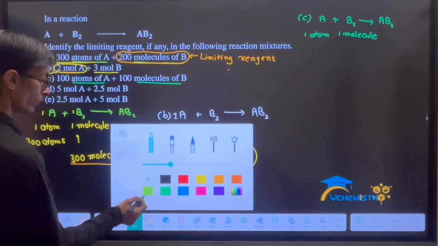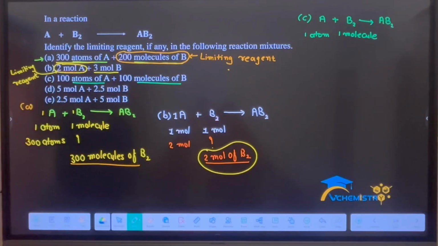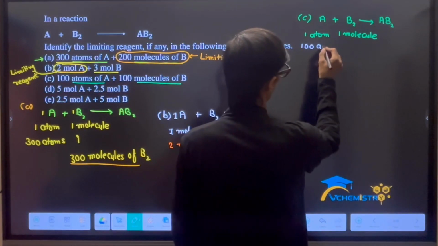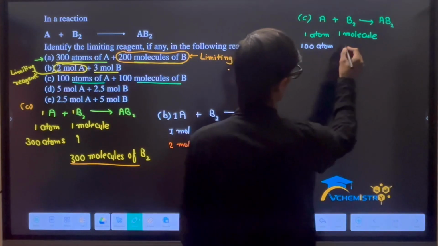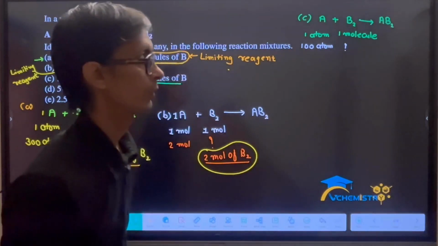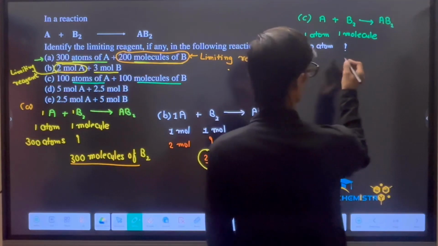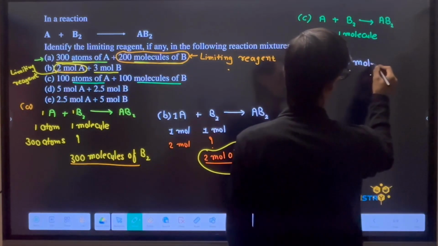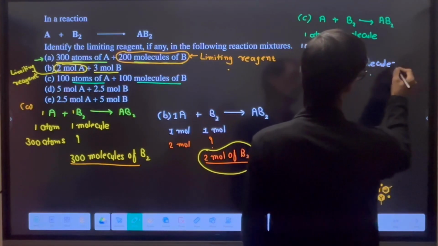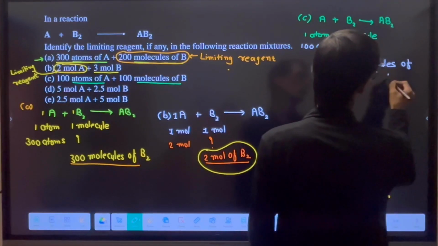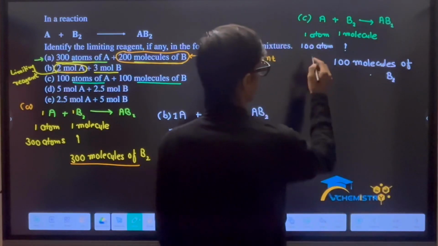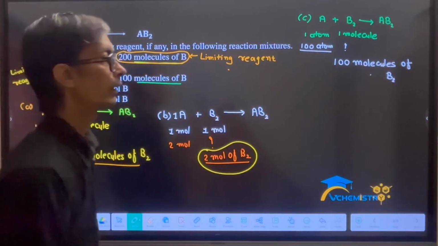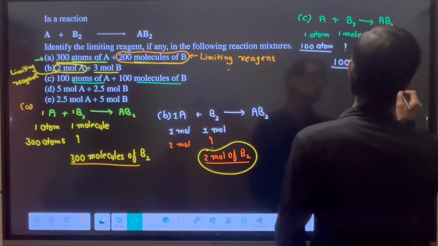We have 100 atoms of A, so needed molecules of B2 dash. So 100 into 1, that means 100 molecules of B2. See here, whenever you have 100 atoms of A, you need 100 molecules of B2.